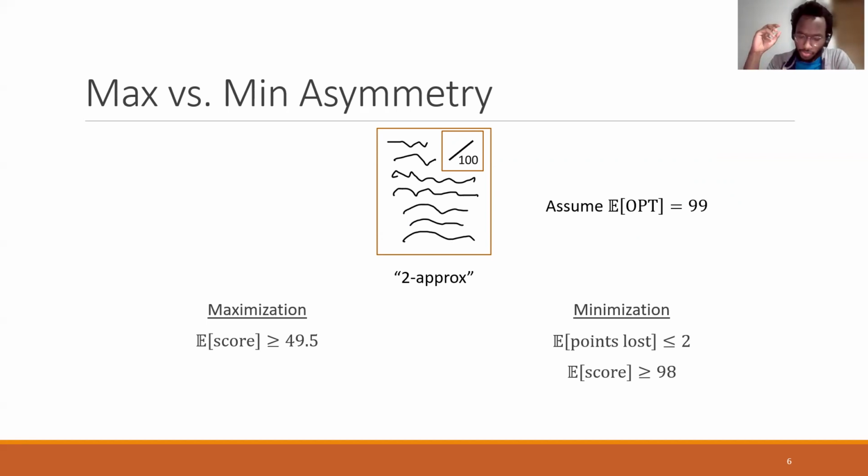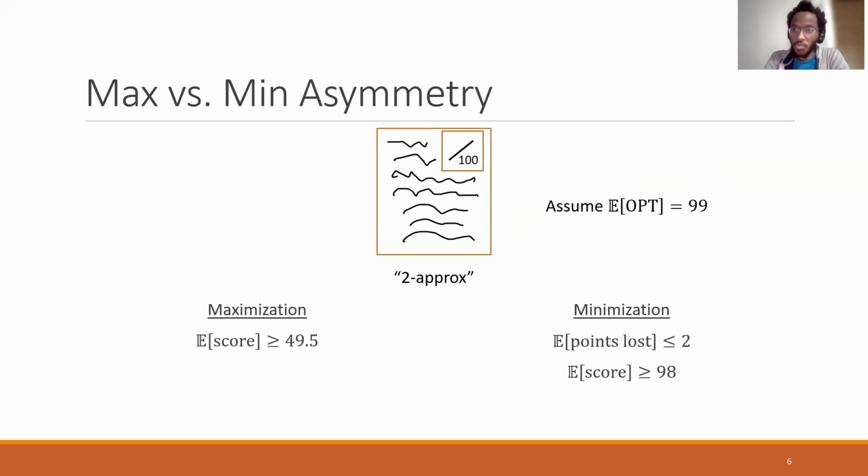And so in certain contexts, it seems as though when you ask for an approximation algorithm in the minimization context, it's a bigger deal than in the maximization context.